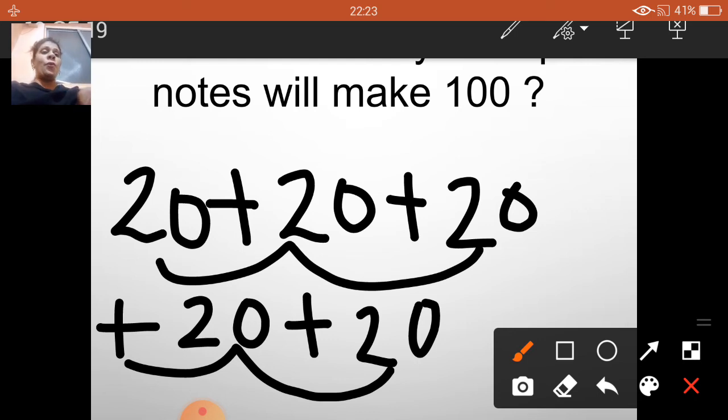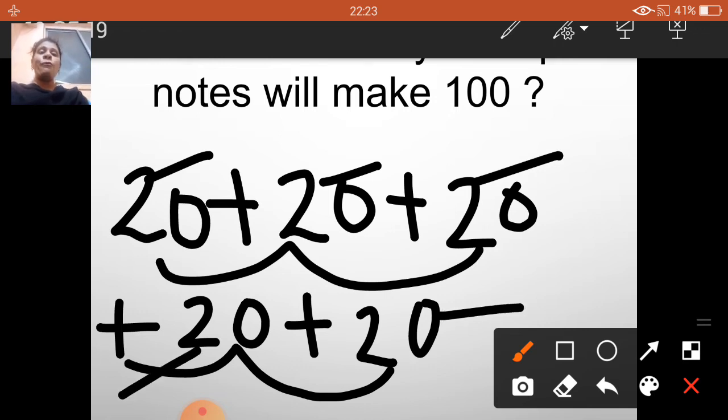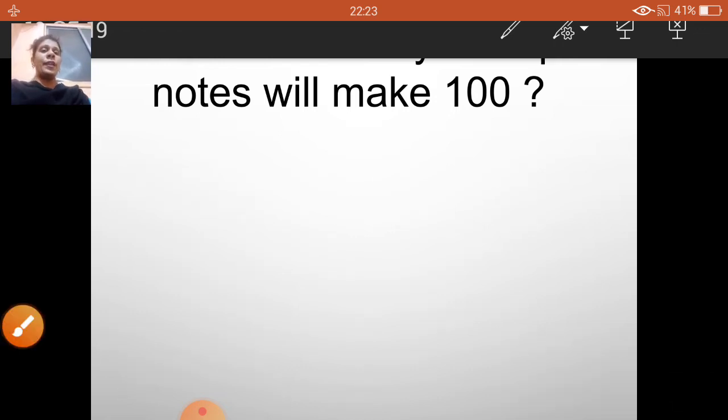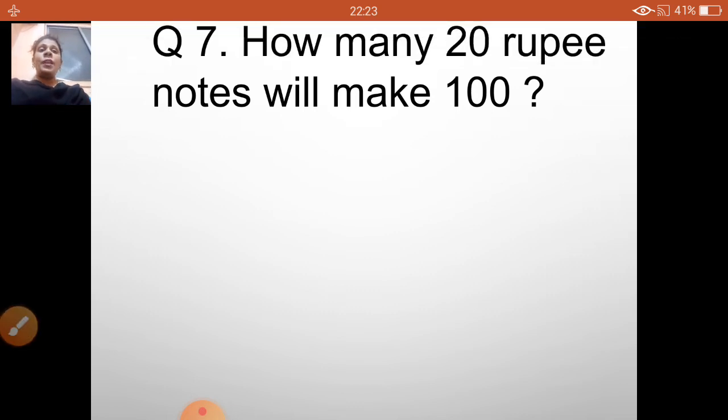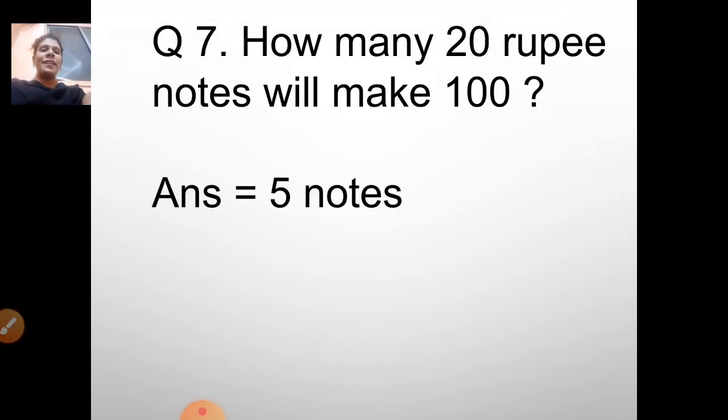So total how many notes? 1, 2, 3, 4, 5. 5 notes. Correct. That means if I give you five 20 rupee notes, it will make rupees 100.